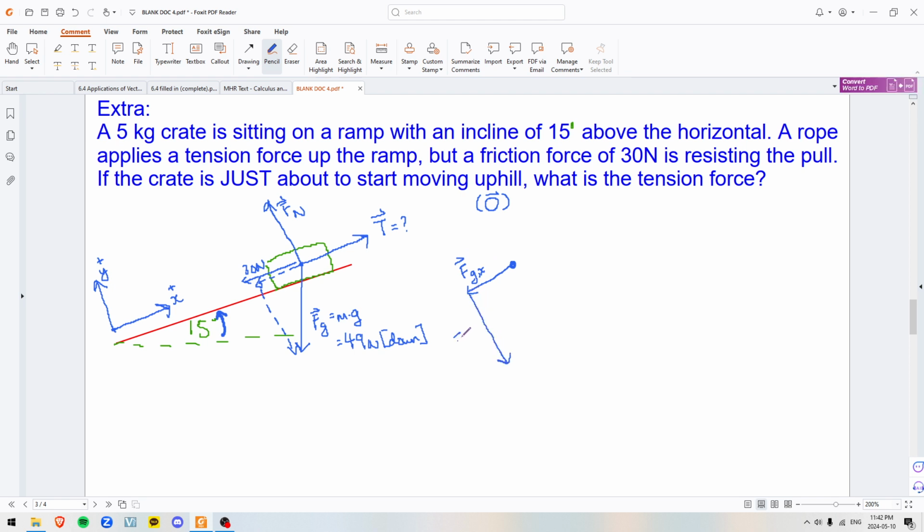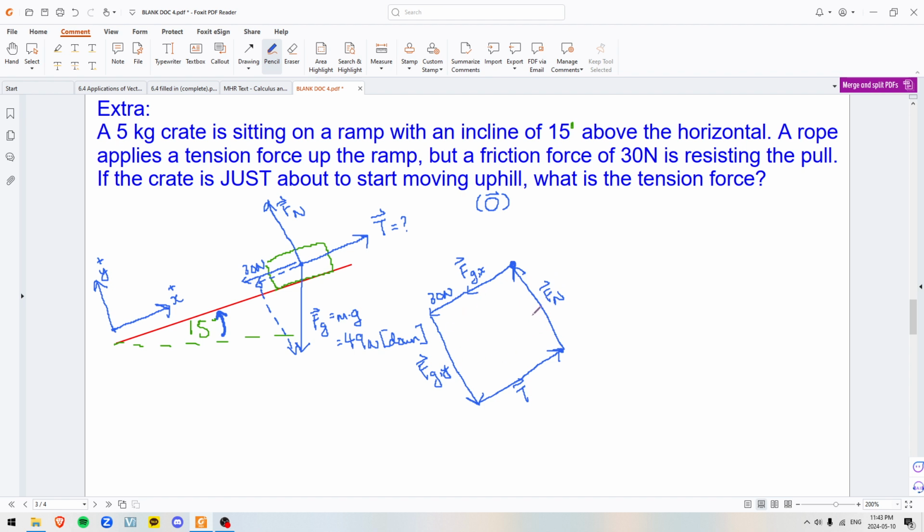The force of gravity, plus the tension, let's call that 30 newtons. The friction, let's call that 30 newtons. I have the force of gravity going in the y direction, the y component. I have my tension then, bringing it all the way back up to this point, and then my normal force balancing out that y component of the force of gravity, bringing us back to rest. This is my situation.